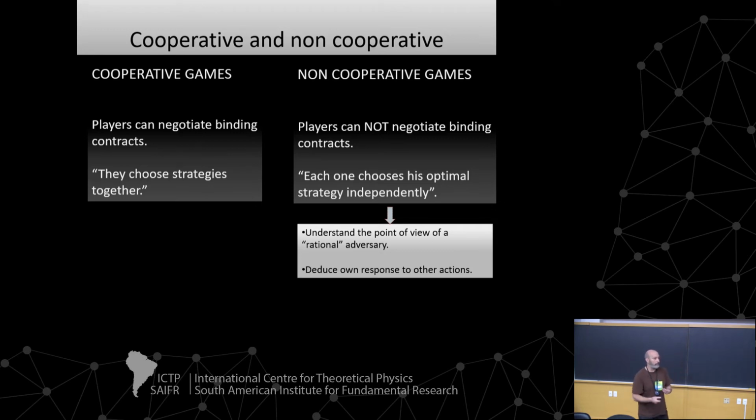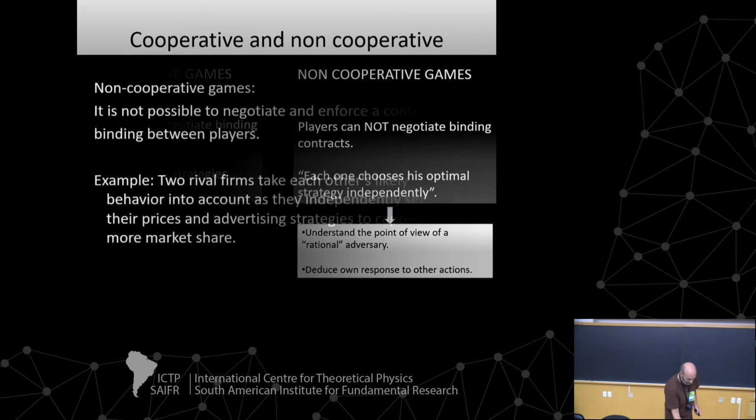So both of us will play rationally. And this is a central point in game theory. Each player knows that the other individual will play rationally. Okay? So taking this into account, both players will deduce which should be their own response to the other's actions. Okay?